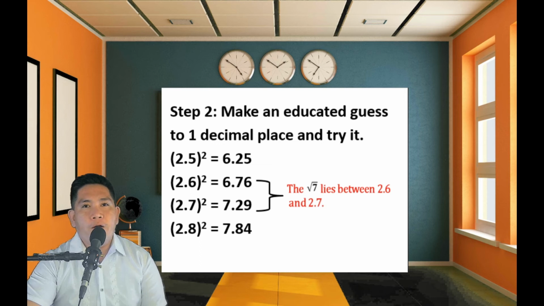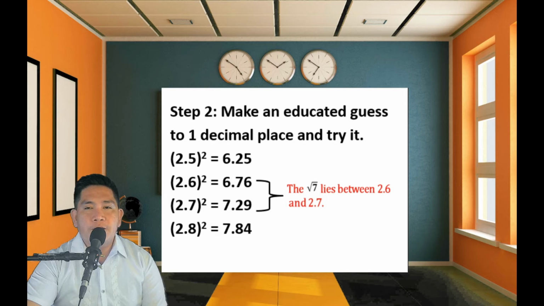The square of 2.5 is equal to 6.25. The square of 2.6 is equal to 6.76. The square of 2.7 is equal to 7.29. And the square of 2.8 is equal to 7.84.